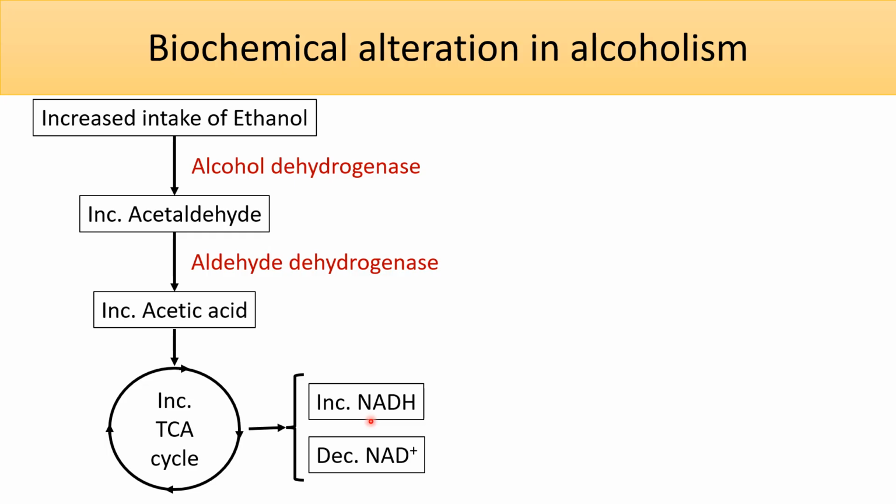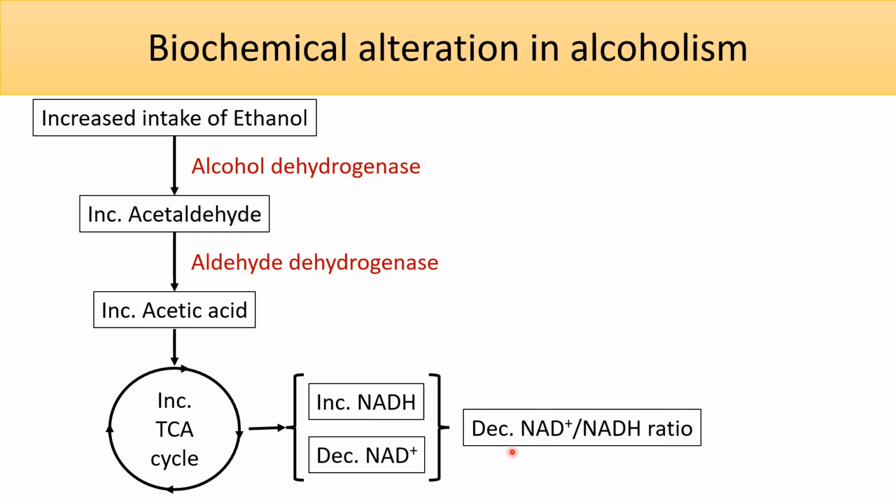So this is what is mentioned in your book as decreased NAD to NADH ratio. That is, NAD concentration is reduced. Why is it reduced? Because of increased TCA cycle, all the NAD is getting converted to NADH. So NADH concentration will be increased. Always remember, there should be a balance between the NAD concentration and NADH concentration.